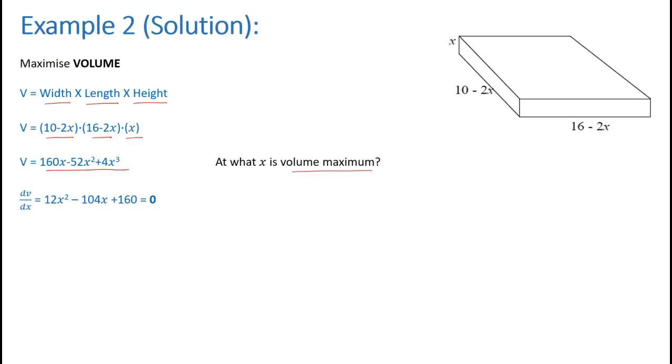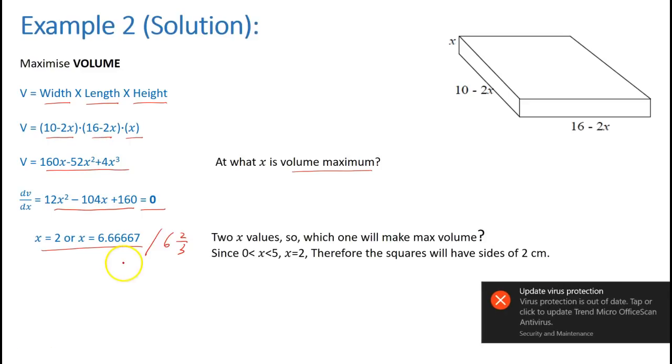In this case, we get dV/dx. We set it equal to 0 because we know that local maximum and local minimum happen when the first derivative is equal to 0. When I solve the equation, I have 2 x values: x equals 2, and also x equals 6.66667, which is actually 6 and 2/3 cm.